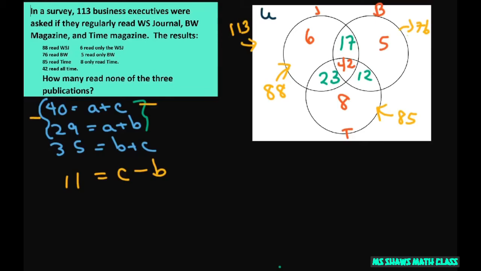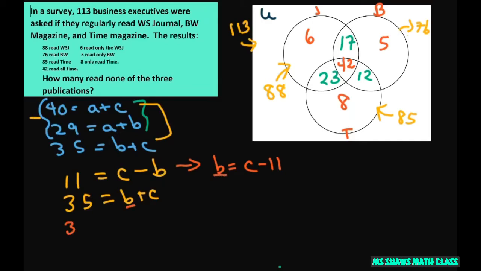Now I'm going to look at these two. So I have 11 equals C minus B, and 35 equals B plus C. Now I'm going to substitute for my B. Let me rewrite: B equals C minus 11. So I'm going to substitute this B in here.